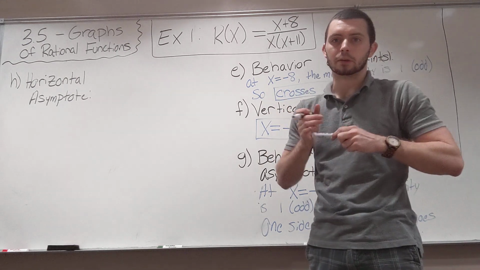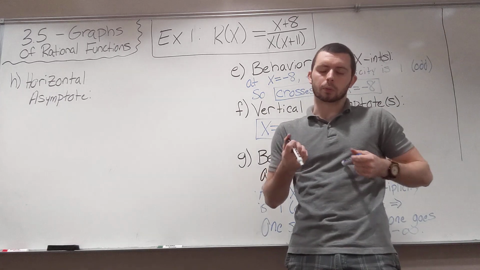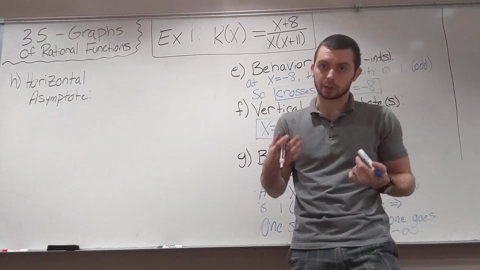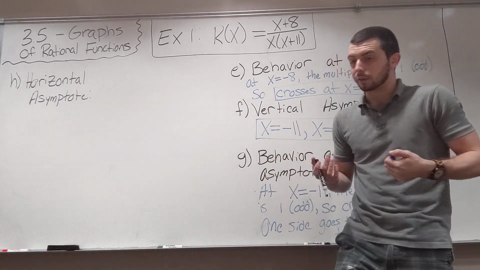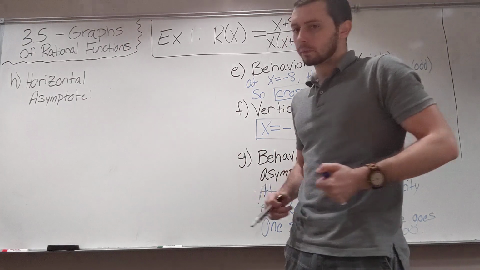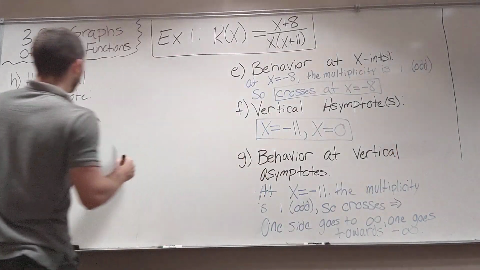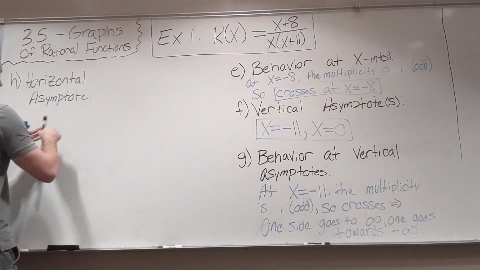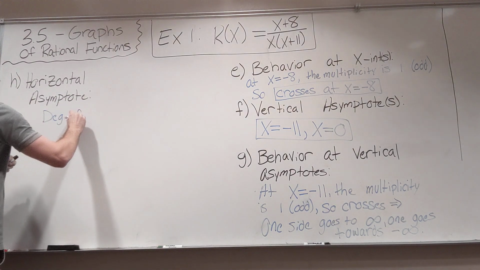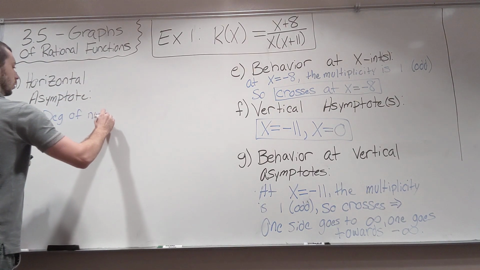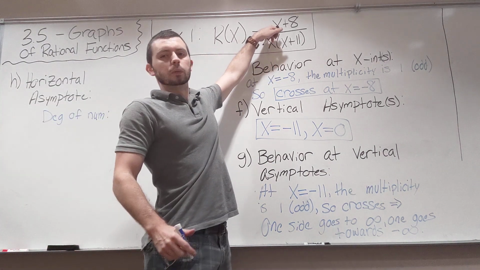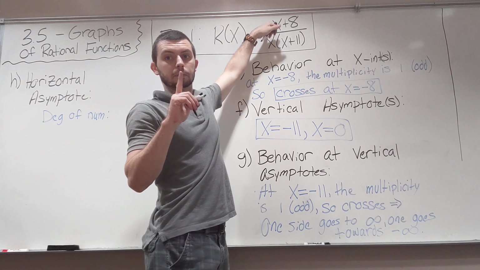And depending on their magnitudes, so the degree of the numerator being larger or being smaller than the degree of the denominator, that will tell us what the horizontal asymptote will end up being. So here, the degree of the numerator: well, the numerator's highest exponent is 1.